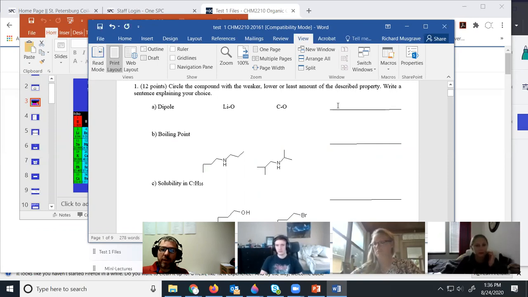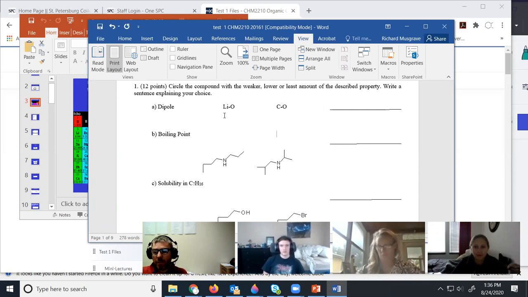You'd put as reasoning lesser change in electronegativity or lesser difference in electronegativity. Smaller distance on the periodic table doesn't cut it for me because, yeah, that's what you're looking at, but that's not the real reason why the dipole on this one is going to be smaller than the dipole on this one. It's got to do with a smaller difference in electronegativity.